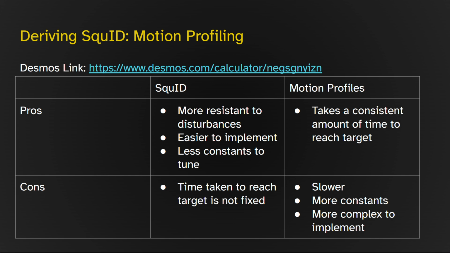But because SquID doesn't focus on the time as much, it's able to be more resistant to those disturbances and better compensate for that. And above you can see a Desmos link to all three graphs in the previous slides. And this slide deck will also be linked at the end of the presentation.